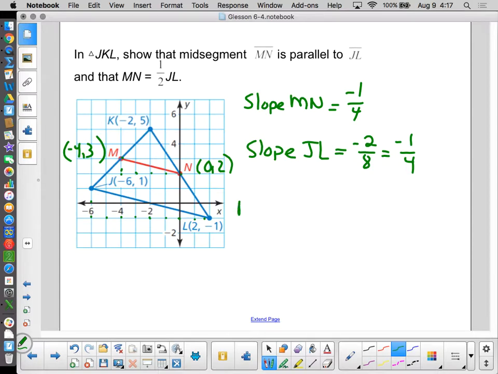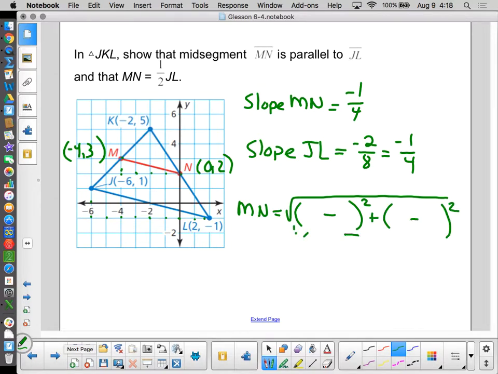Finally, I have to find the length of MN. And if you've been paying attention to patterns, you may have noticed this by now. When I plug my numbers in, oops, I'm sorry, that's a minus inside. When I simplify these two values, what two numbers am I going to come up with? Guess what? -1 and 4, or 1 and -4, depending on the order I put the numbers in.